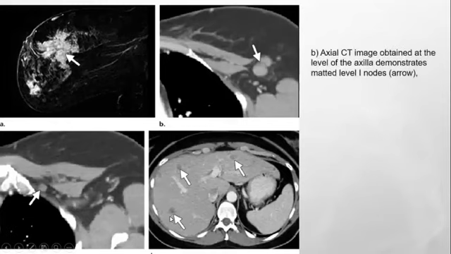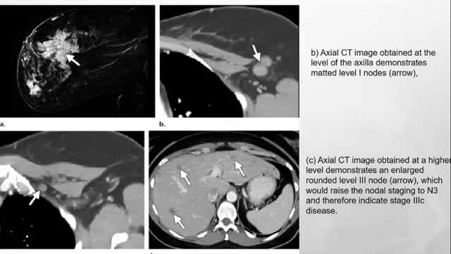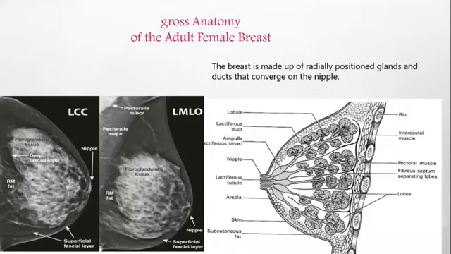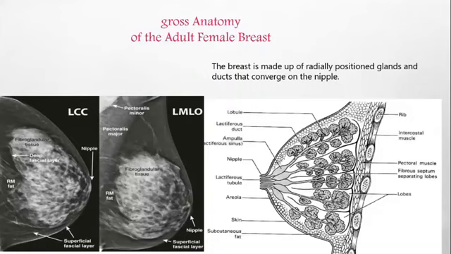So it is almost stage 4. This is metastatic disease. Okay, so we finish the gross anatomy.